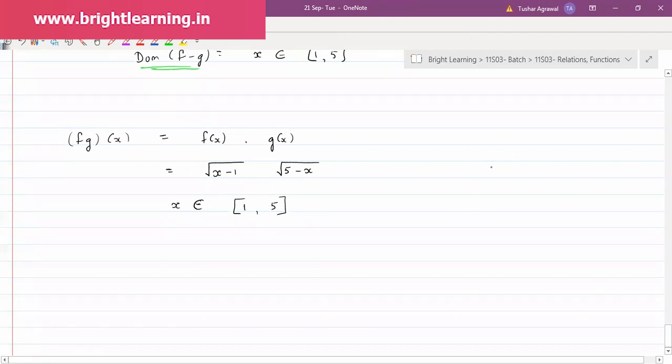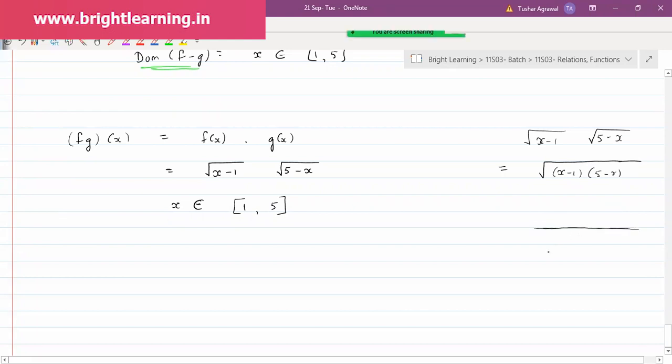Now another student does it like this. Square root of x minus 1 times square root of 5 minus x, we know this is equal to the square root of (x minus 1)(5 minus x). And this is a quadratic expression, and we know how to draw its graph. The coefficient of x squared is negative.